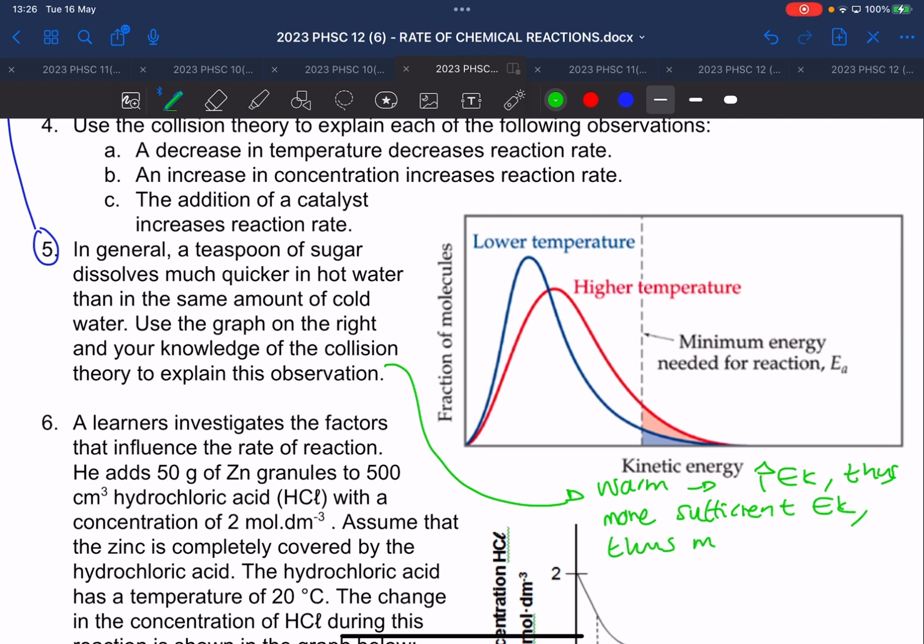Thus, more effective collisions per unit time. And then you're not going to say thus the reaction rate is faster. Then you're going to say thus it dissolves faster. Again, you're tailoring it just to fit your question. No, you'll get the mark.